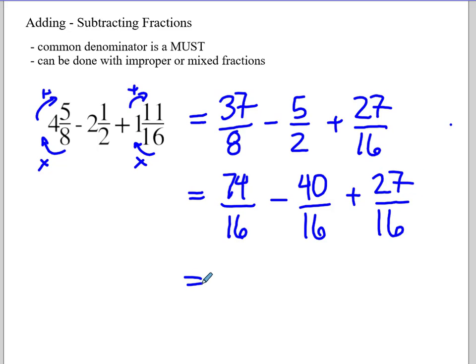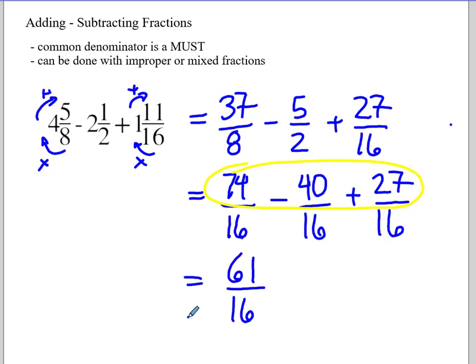Now because I have a common denominator, I can just add and subtract the numerators. So I'm just going to worry about this piece right now. I'm going to go 74 minus 40 plus 27, and I end up with 61 sixteenths. I consider it for lowest terms.